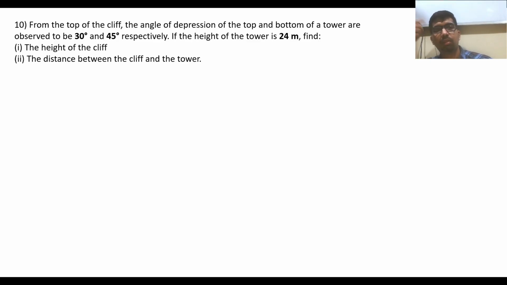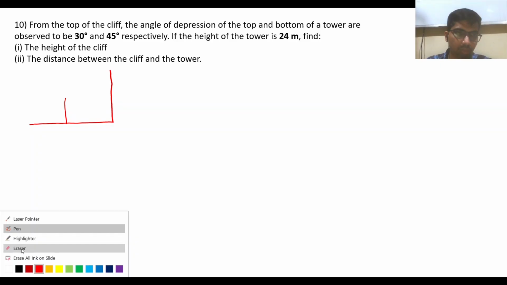First, let us draw the diagram. This is the ground. This is the cliff over here, and this is the second cliff. This is the building over here. The cliff is bigger, and क्या बोलते हैं? Cliff is bigger and building is smaller.